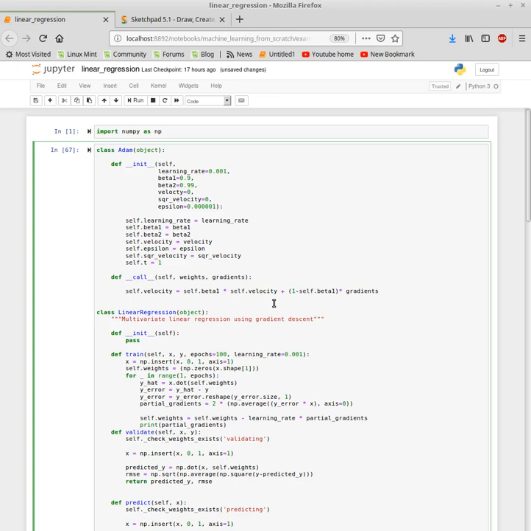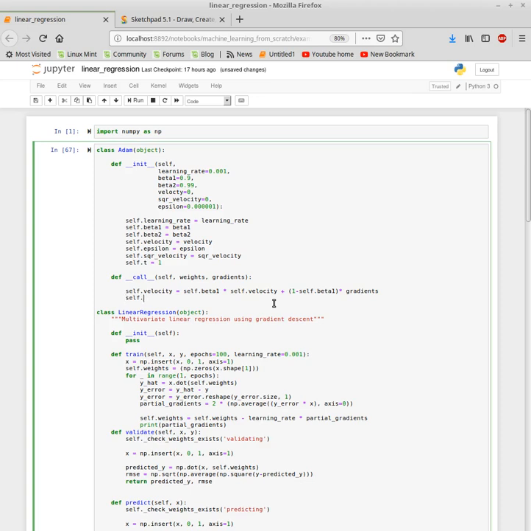This velocity term is an algorithm also known as momentum. This will hold the current weight velocity of this iteration. We'll create another variable called self.square velocity that will hold the squared velocity. We'll use this as what is called the RMS prop part of the equation later, which in itself is a type of gradient descent optimizer.